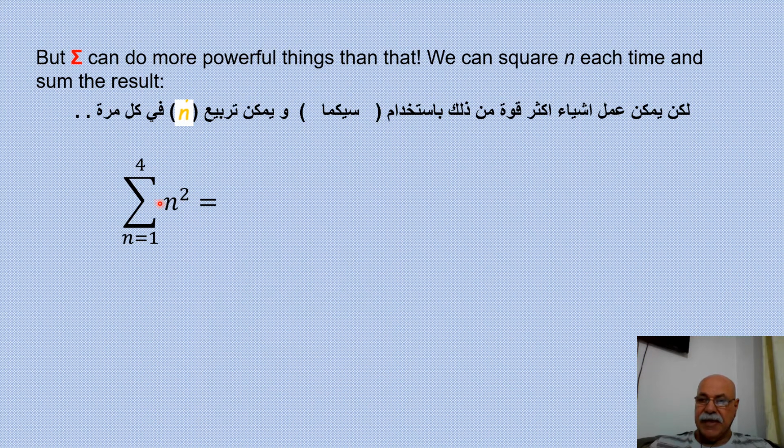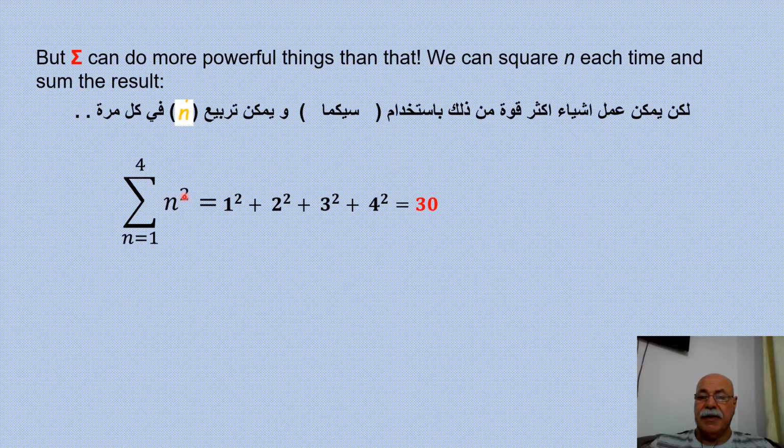So like this is the element and square as sigma n from 1, the element n square to 4. In this case, the example means the element n square, variable n from 1 to 4.